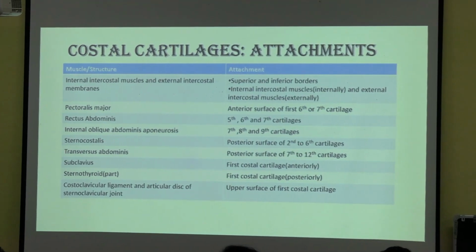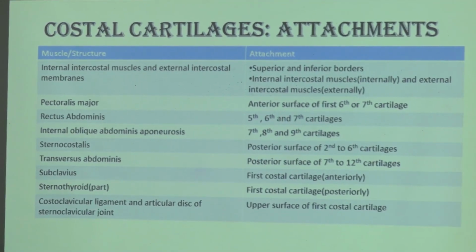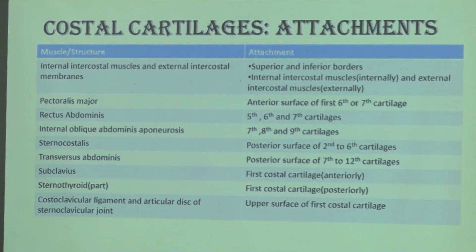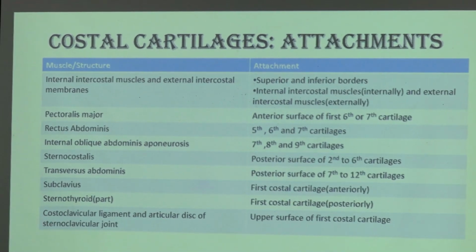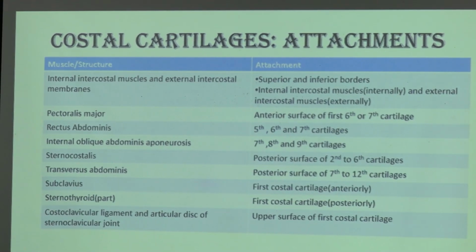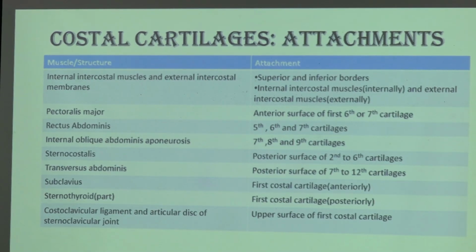Next is rectus abdominis, 5th, 6th and 7th costal cartilage. Next is internal oblique abdominis aponeurosis, 7th, 8th and 9th costal cartilage. Now sternocostalis.